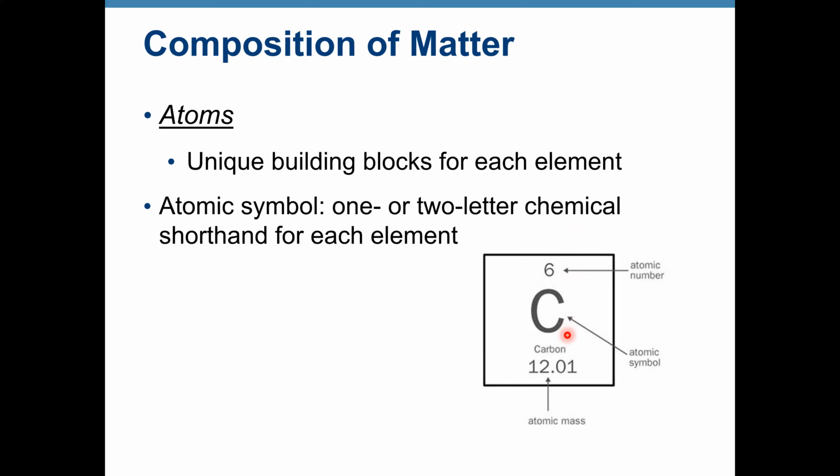And you can find this information in the periodic table of elements. So atoms are unique building blocks of each element. So the element carbon is made from carbon atoms. The element gold is made from atoms of gold.